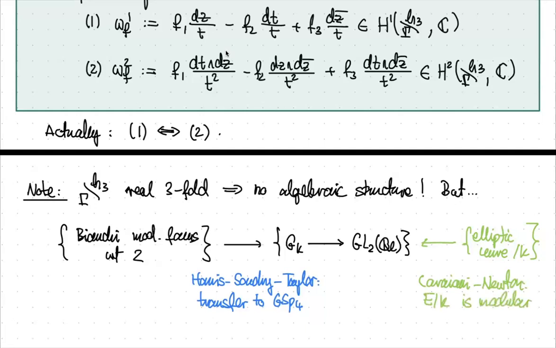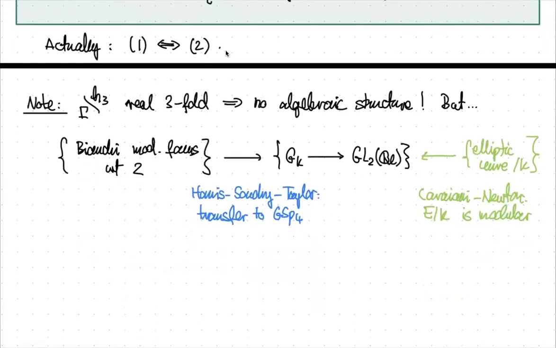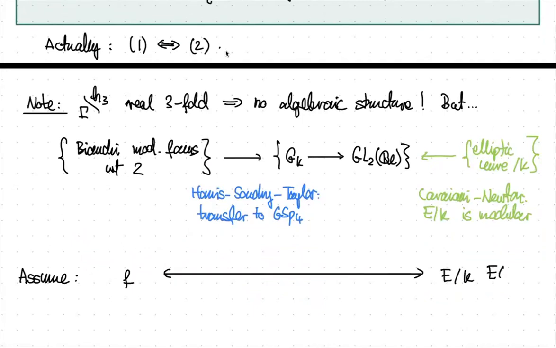Okay, so they have some various assumptions, but for a large class of such elliptic curves, they can conclude that they actually come from a Bianchi modular form. Okay, so we're just going to assume this. So we're going to assume that our F here corresponds to some E over K, which is an elliptic curve.